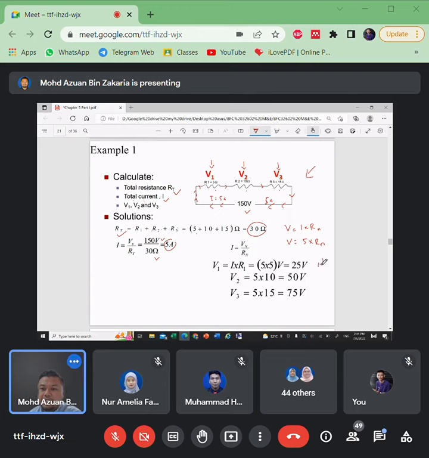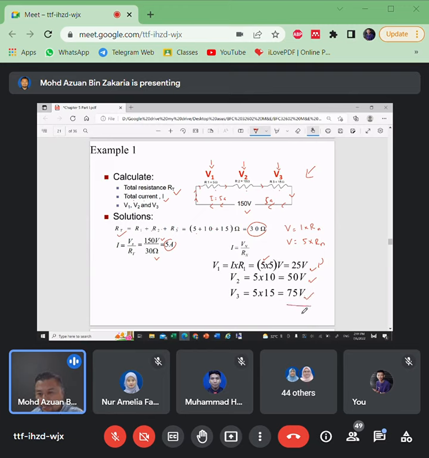At R1, I equals 5 multiplied by 5, it means 25. At R2, resistance is 10, so V2 is 50 volt. Meanwhile, at R3, resistance is 15, so V3 is 75.